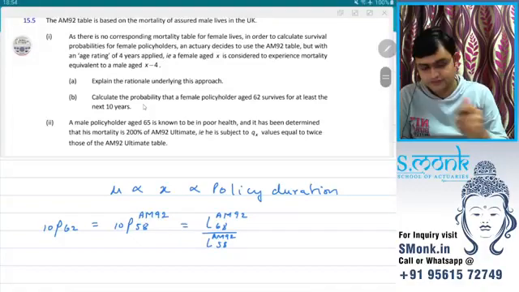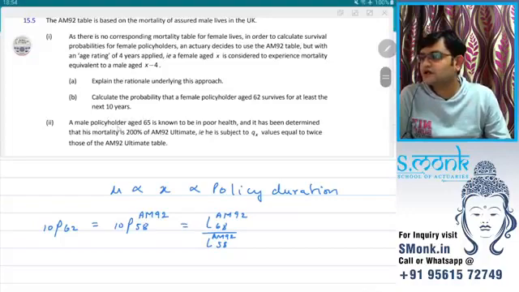You can find these. Then the second part, they are saying a male policyholder aged 65 is known to be in poor health, and it has been determined that his mortality is 200% of the AM92 ultimate. That is, he is subject to qx values equal to twice those of the AM92 ultimate table.